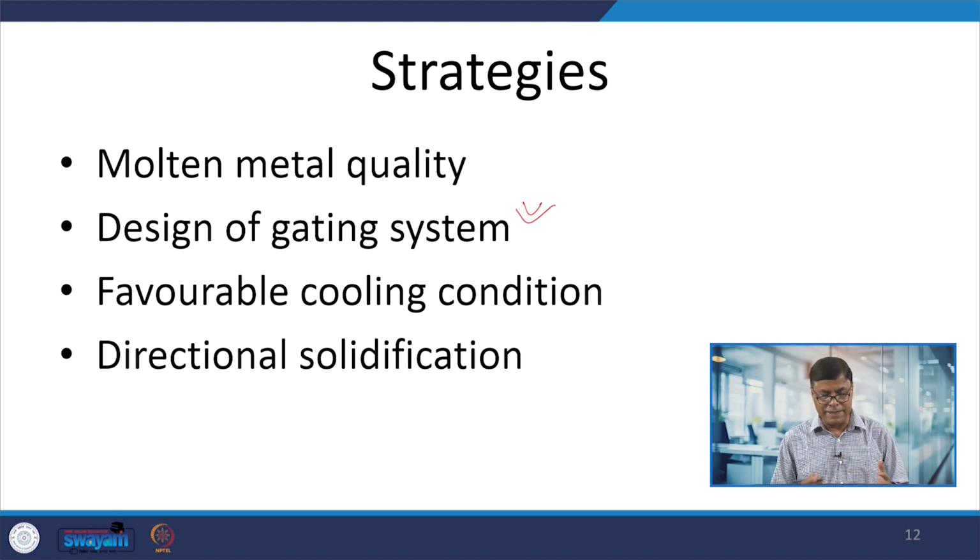Use proper riser design so that it can feed molten metal to the mold to compensate for the shrinkage of the molten metal, and develop favorable cooling conditions so that the desired microstructure and metallurgical features can be achieved. Try to have directional solidification, so that internal defects and piping defects are avoided to make a sound casting.